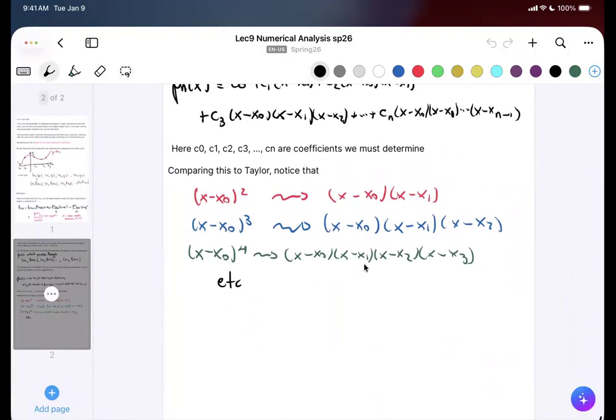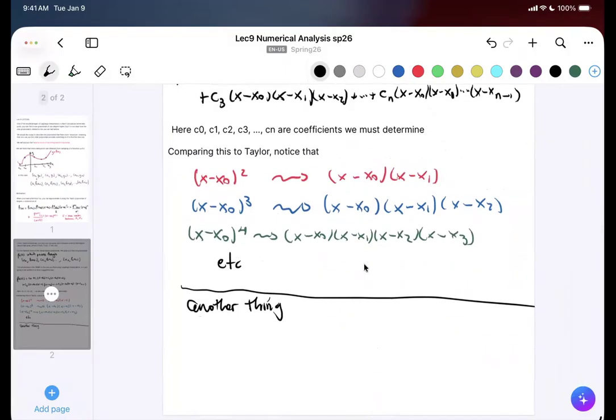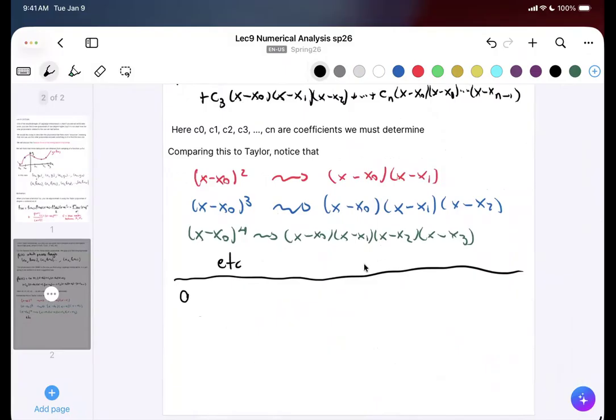You are told this in Calc 2, but it's something you come to appreciate once you start thinking more about numerical analysis.